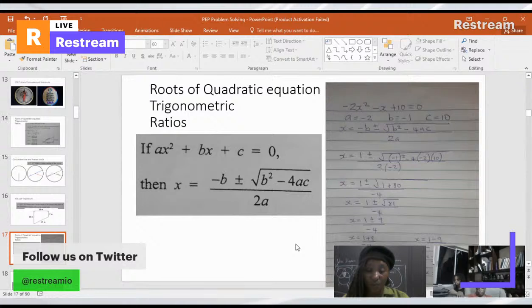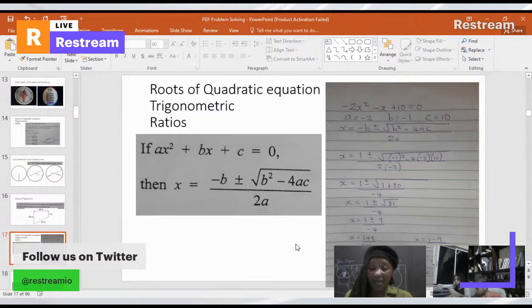And then we have minus 4 times negative 2 times 10. So when we work out all of that under the square root sign, we get 1 plus 80, which is 81, the square root of which is 9. So it's x equal 1 plus or minus 9, and the 2 times negative 2 down the denominator gives negative 4. So now we branch off.